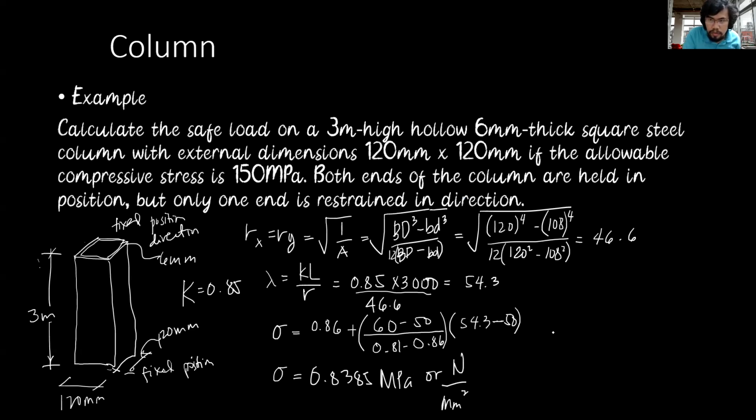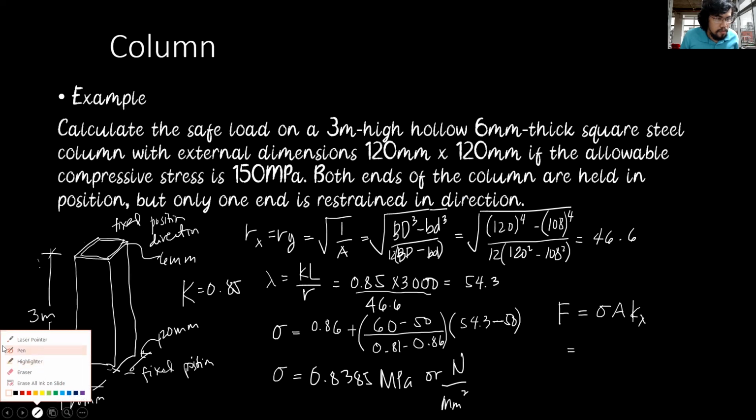And we can simply compute for the F, or the P, or just assume it's F. So it's sigma times the area, and we get a certain factor. So we have introduced the factor here. Oh, sorry, apologies, this is not sigma.